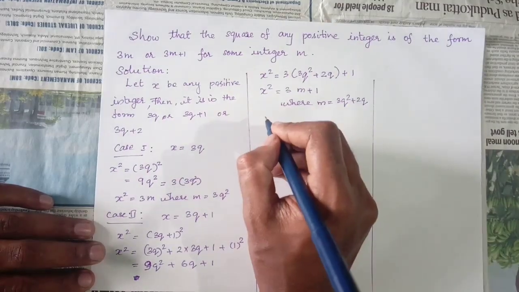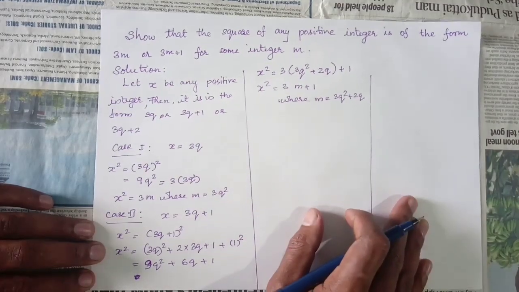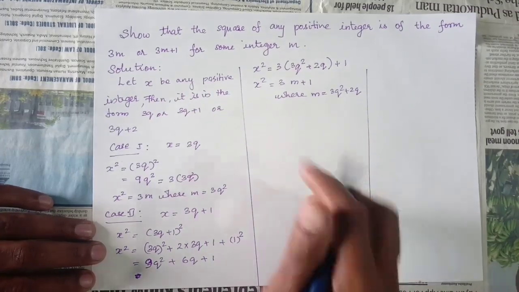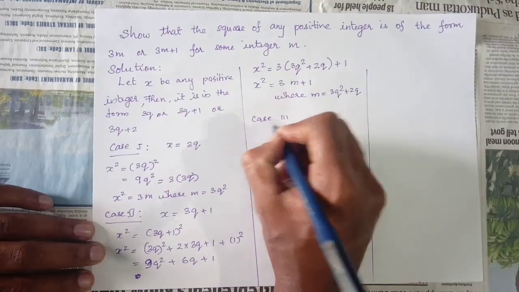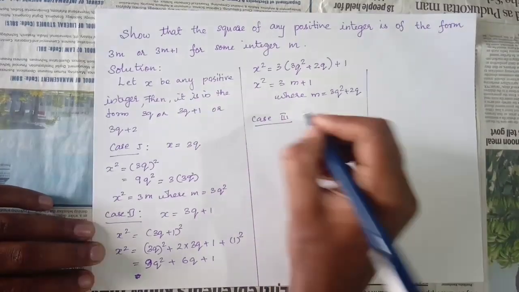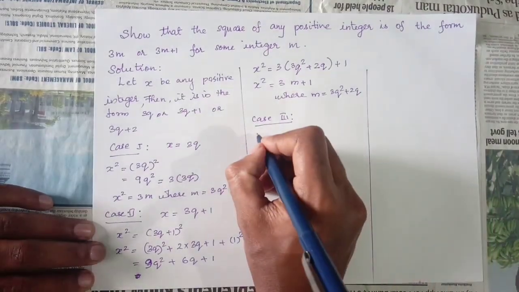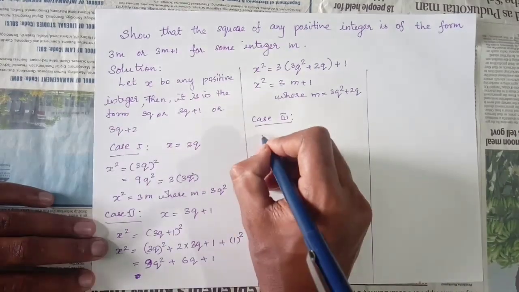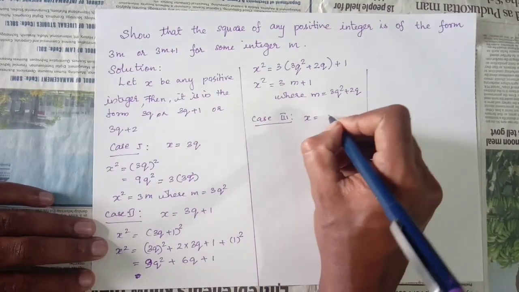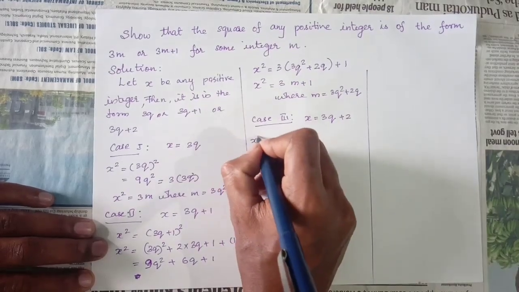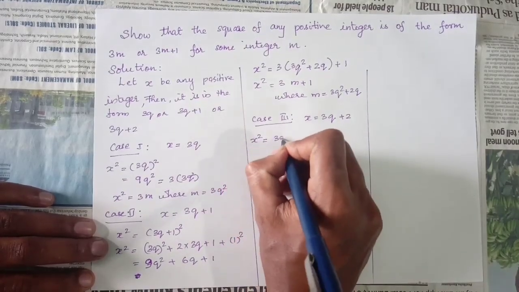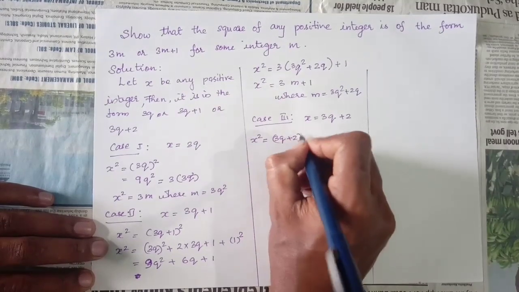So we are taking the third case now, case 3. We take x equal to 3q plus 2. So x square is equal to 3q plus 2 whole square.